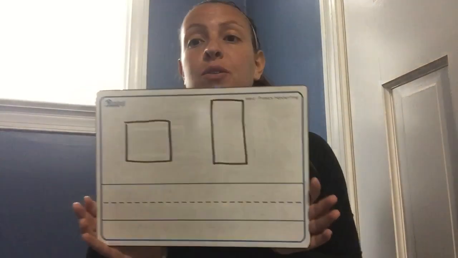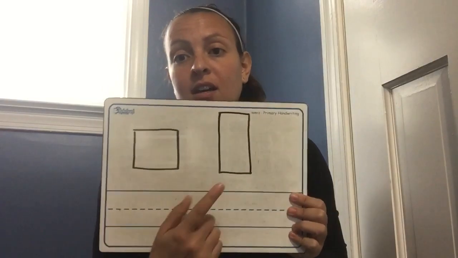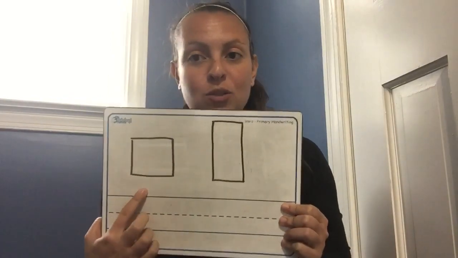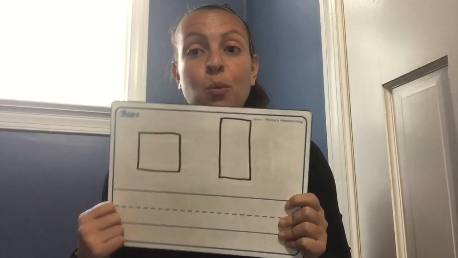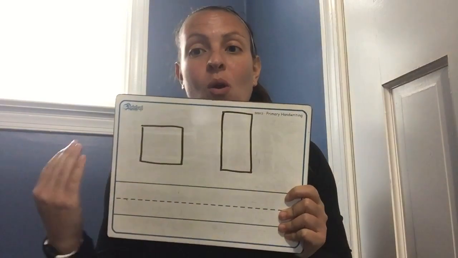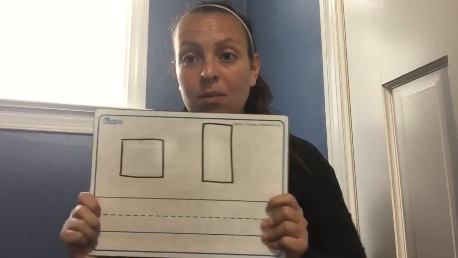Now before I go looking around my house to find some rectangles and squares, I'm going to show you two of the shapes. This is a shape and this is a shape. They are not the same shape. It's a little tricky. One's a rectangle, one's a square. Now, a square has all sides that are equal.